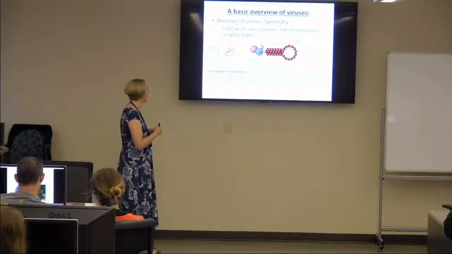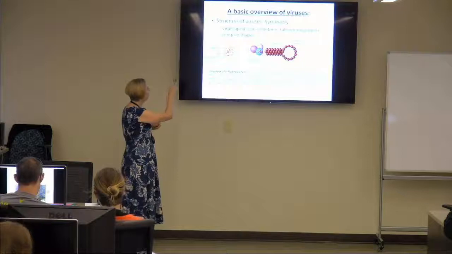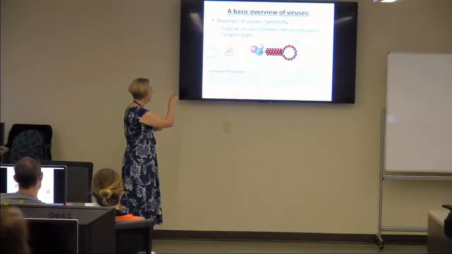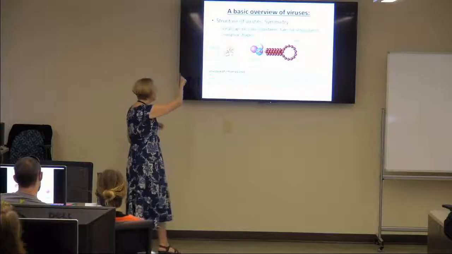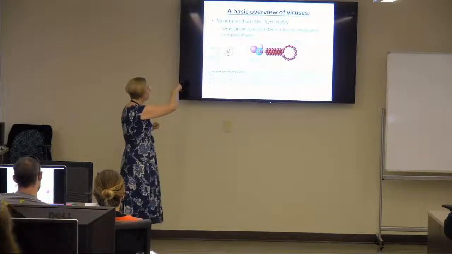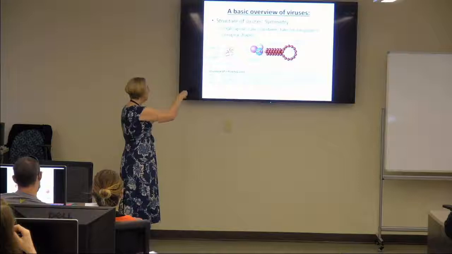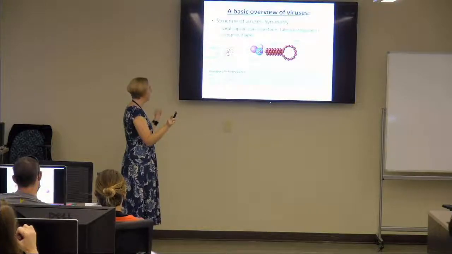It's kind of interesting. There are several pieces of RNA, so notice how there are several little pieces on the inside. And it is an enveloped virus, so you see the envelope. And then there are spikes that come out of that envelope.